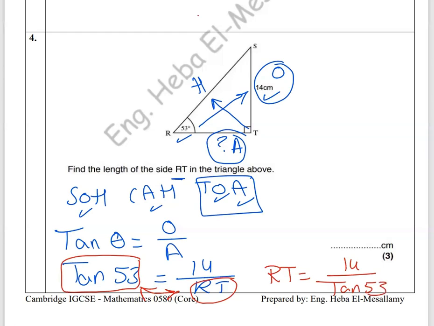So when would I do this? Whenever I find the unknown is in the denominator, I'll switch it with everything found at the other side. On the calculator, I'm going to type 14 divide tan 53, close the bracket, please. So you will get 10.549, which is 10.5 centimeters.